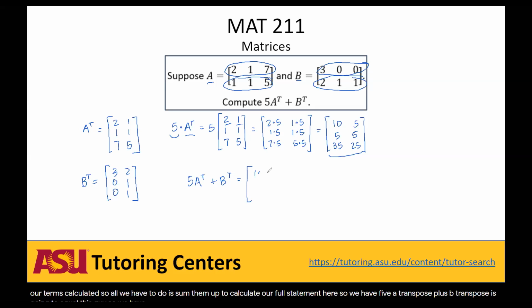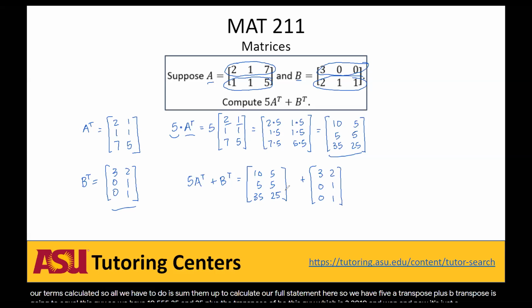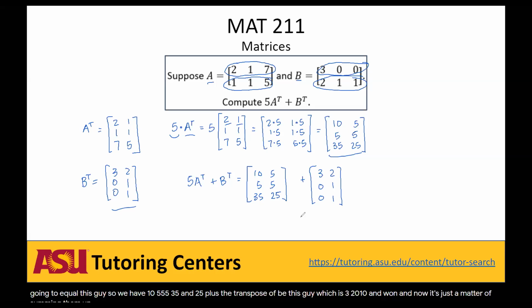We have 10, 5, 5, 5, 35, and 25, plus the transpose of B, which is 3, 2, 0, 1, 0, and 1. And now it's just a matter of summing them up component-wise.